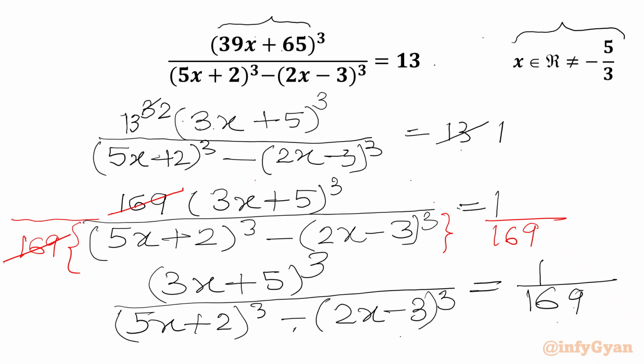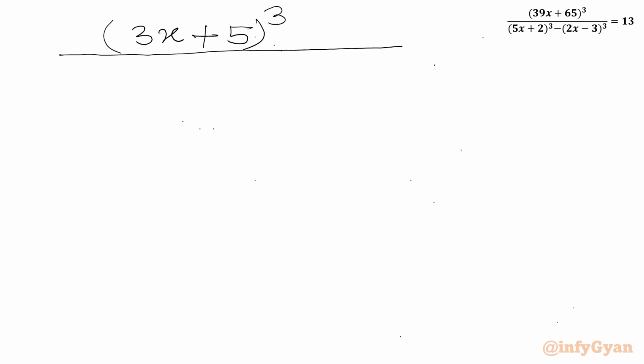Now I will take this minus sign into this bracket. So I can write minus 1 as minus 1 whole cube. Let me write here (3x plus 5) whole cube over (5x plus 2) whole cube.